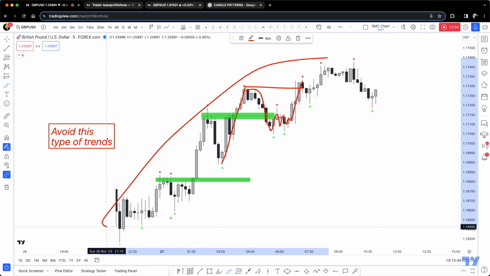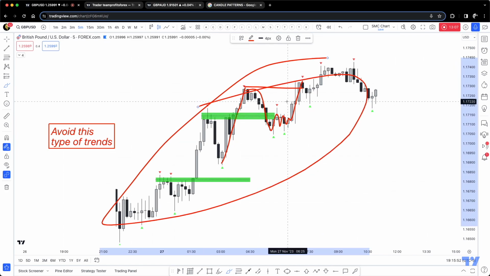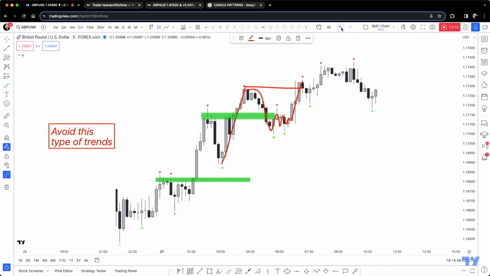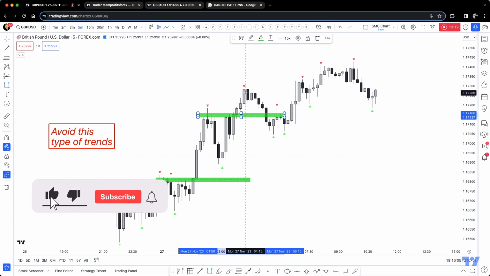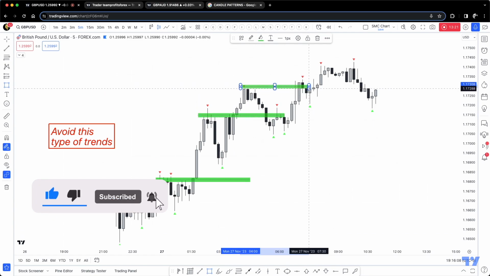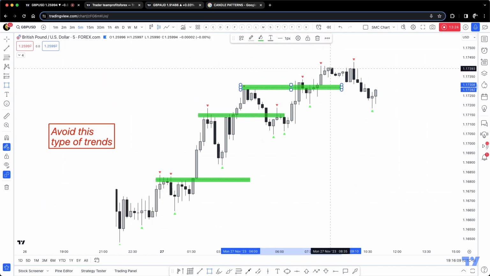So this is a type of trend where, probably, I don't know, it was Asian session, but it wasn't the best. It was not the best. Okay, so I'm showing you the examples that you have to avoid. It broke right there, then it sort of broke this one as well, but look at the move. It's very, very slow.